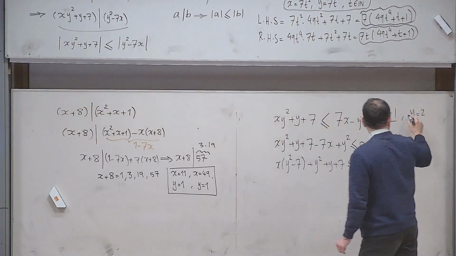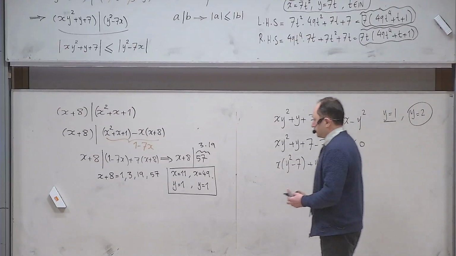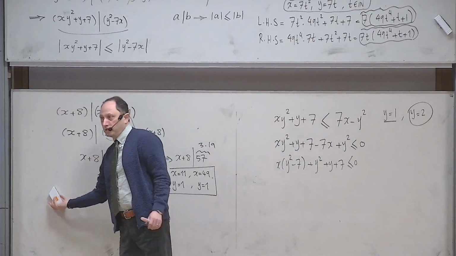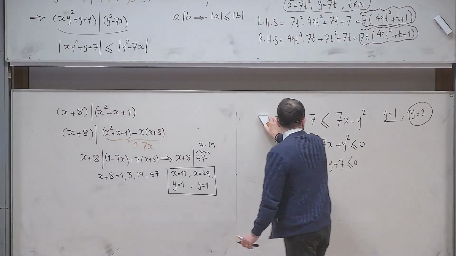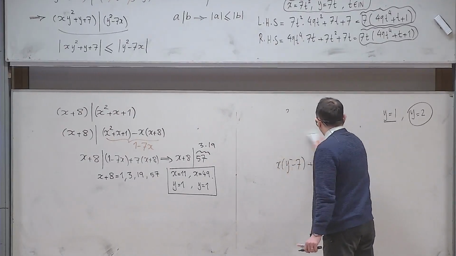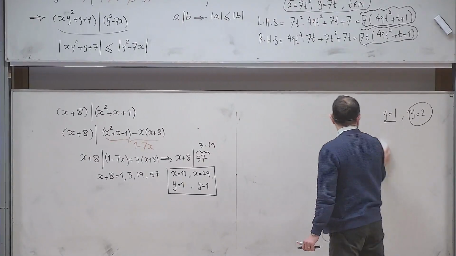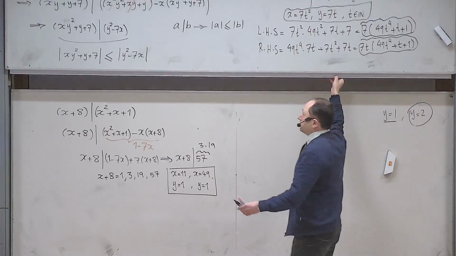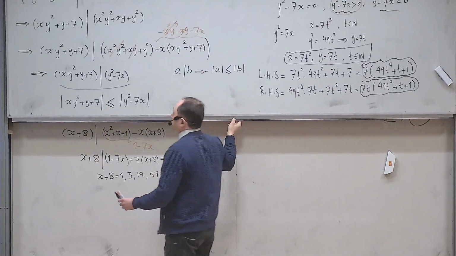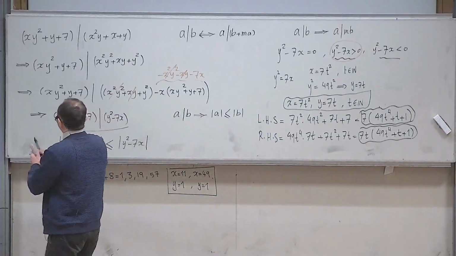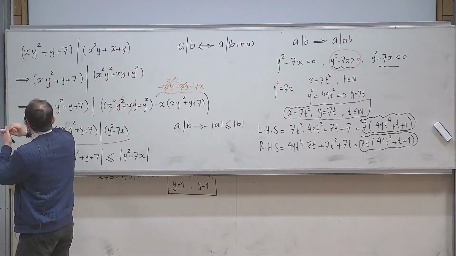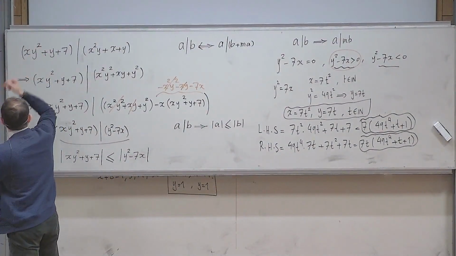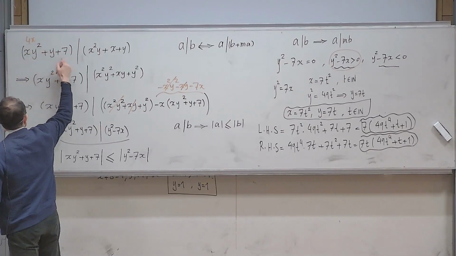Okay, the other scenario is y equals 2. So let me see if I can get new pairs from there as well. So I don't need this one. I will take y equals 2 and put it back into my original problem here. So here, instead of y, I put 2. So this becomes 4x, and 2 plus 7, 9.